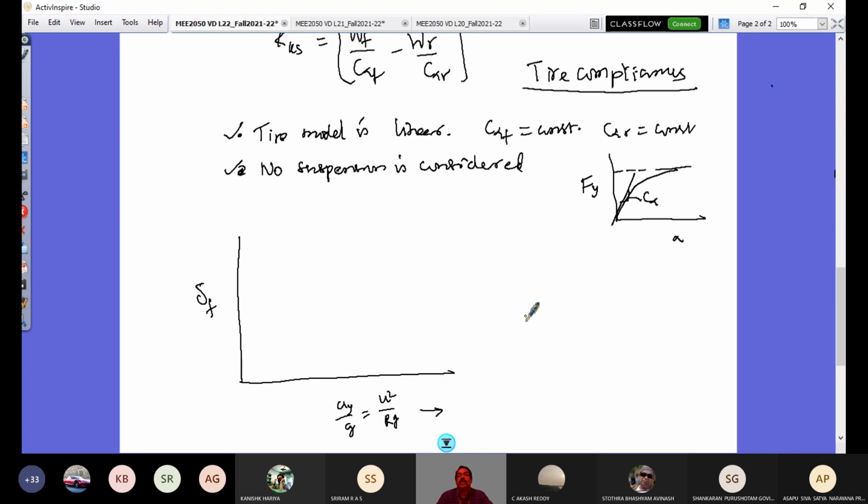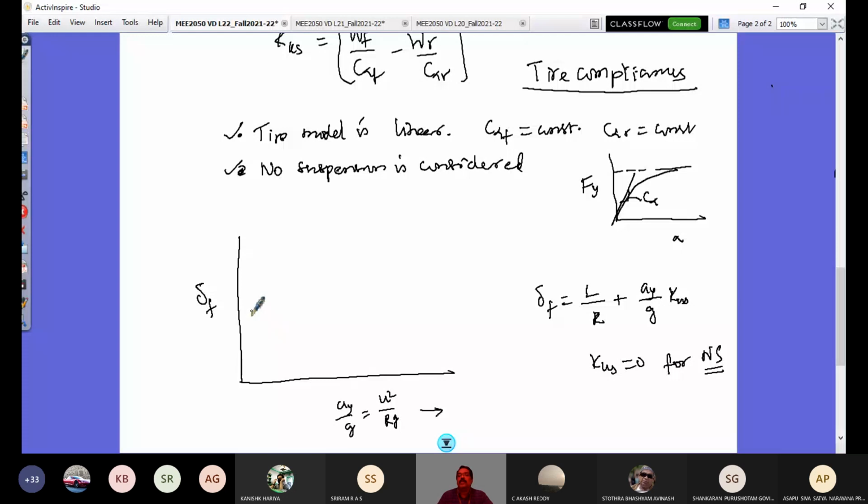If I ask you to plot, you would look again at this governing equation: L by R plus AY by G into KUS. So KUS is 0 for the tendency of a neutral steer vehicle.